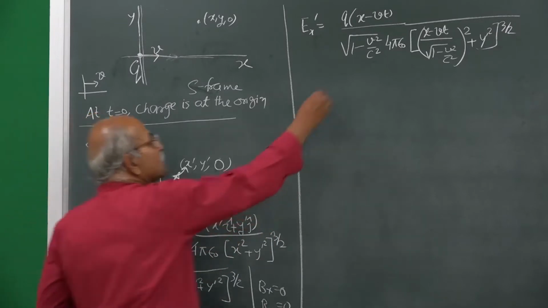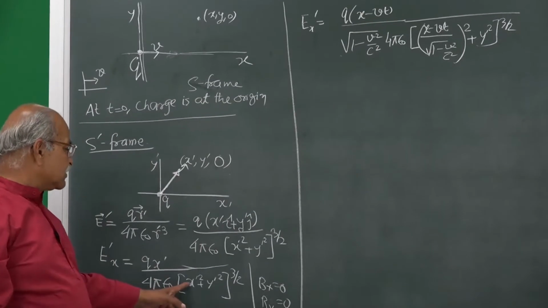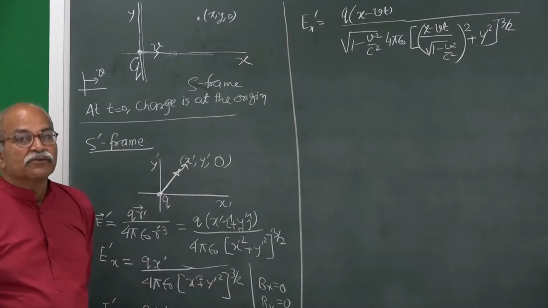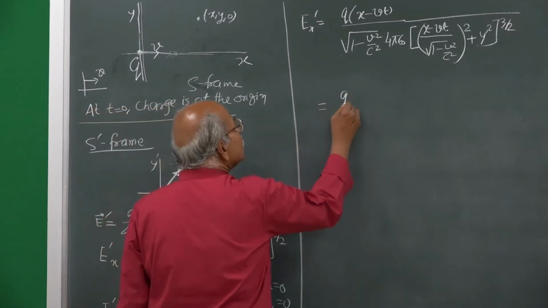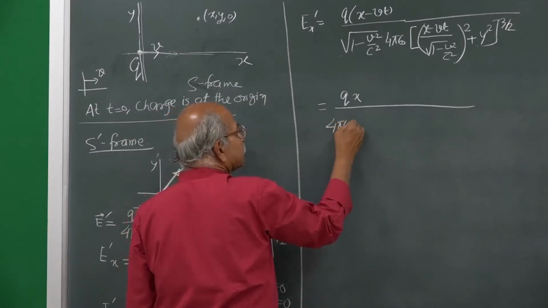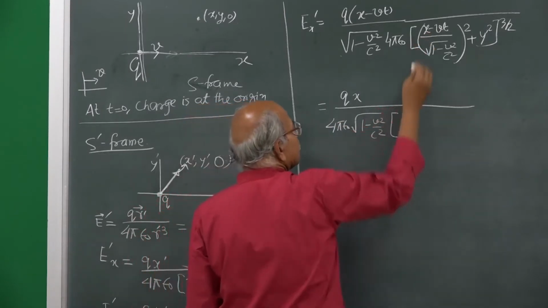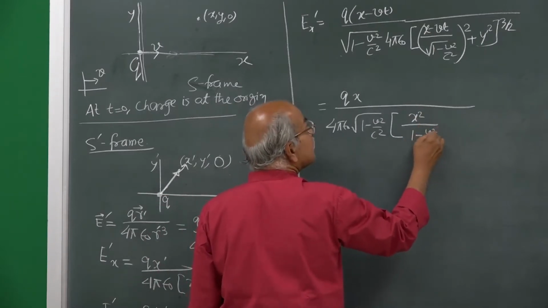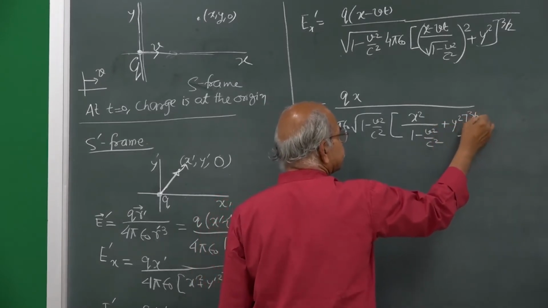For x prime, I have written this whole thing divided by 4 pi epsilon naught. Then for this x prime also I have written the same expression, plus y prime is equal to y, and then power 3 by 2. And since t is 0, you can write this as q into x divided by 4 pi epsilon naught square root of 1 minus V square by C square, and here it is x square divided by 1 minus V square by C square and plus y square, to the power 3 by 2.